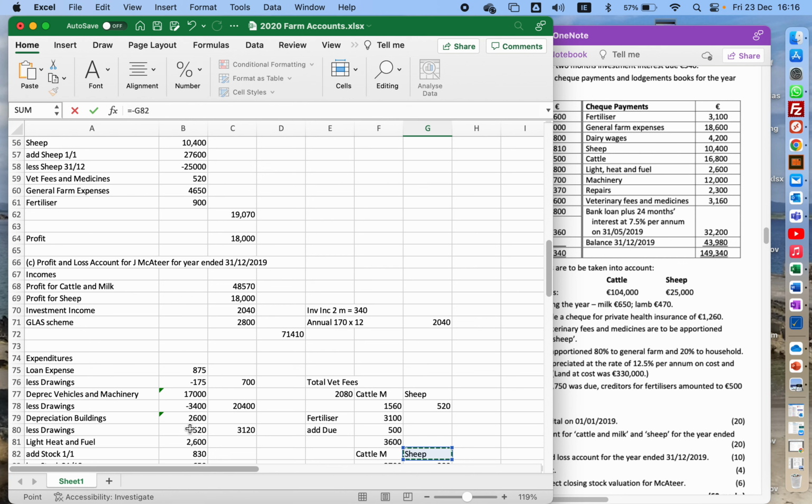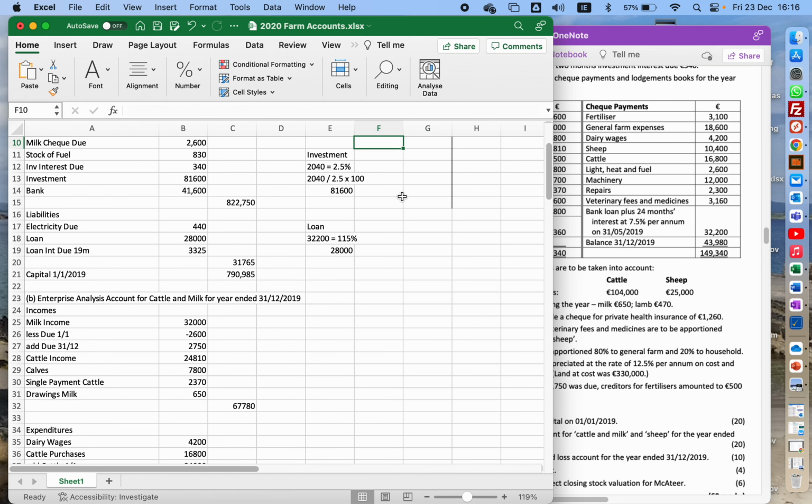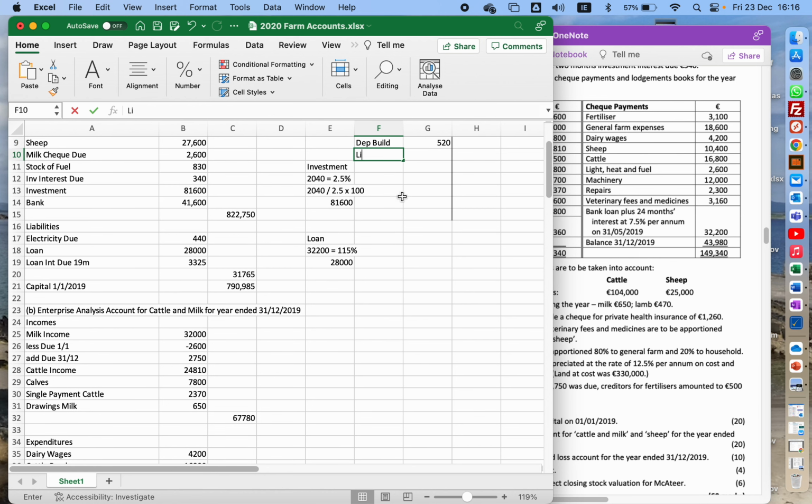And finally we have depreciation of light and heat. Or just light and heat.